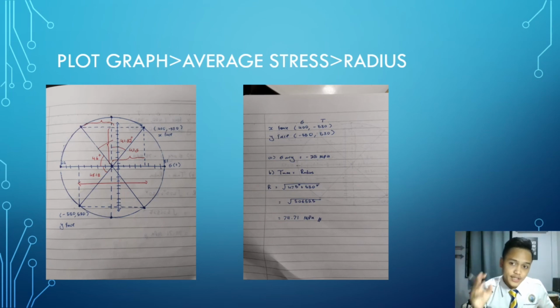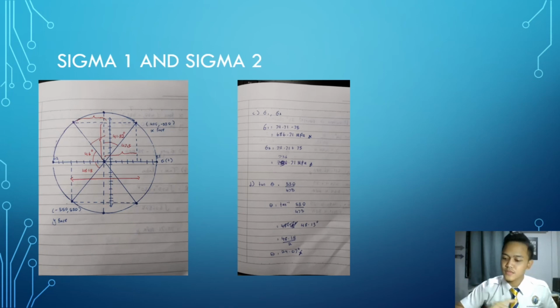And how do we get the radius? The way to get the radius is to take the square root of 475 to the power of 2 plus 530 to the power of 2. And then the radius that we get is 711.71 MPa. Now, we want to find theta to reach the principal stresses. The theta that we want is 24.07 degrees, as you see.